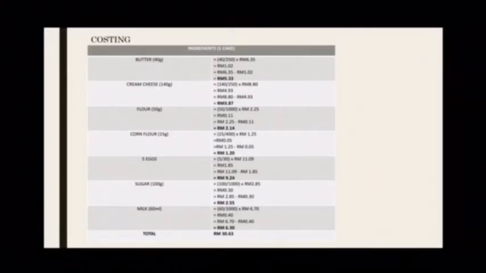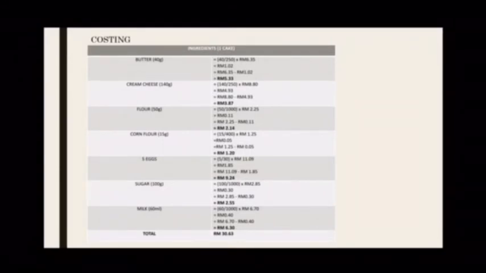The cost for cream cheese that we use is 3 ringgit and 87 cents. Flour 50 gram. The price of flour is 2 ringgit and 25 cents, and then we minus. So the cost for flour is 2 ringgit and 14 cents.